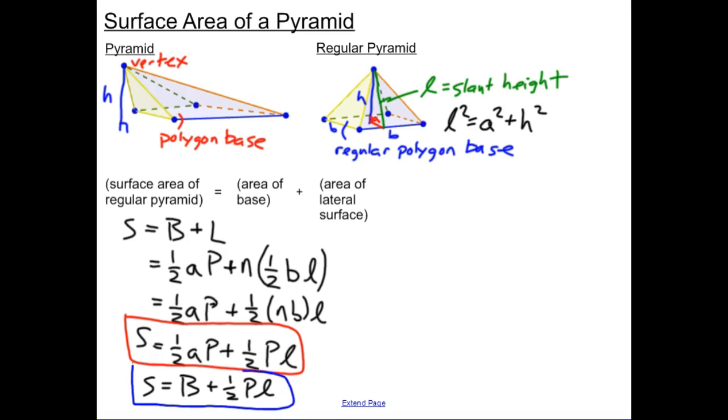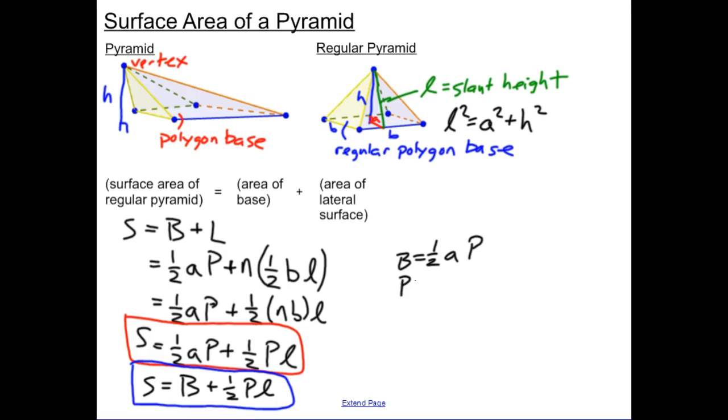This is the form that I typically encourage students to remember, because we can remember that the area of a base is 1/2 times the apothem times the perimeter. That's a pretty important relationship. So these are equations, and it's helpful to know what the relationships are to summarize them. My base is 1/2 times the apothem times the perimeter, as we mentioned.